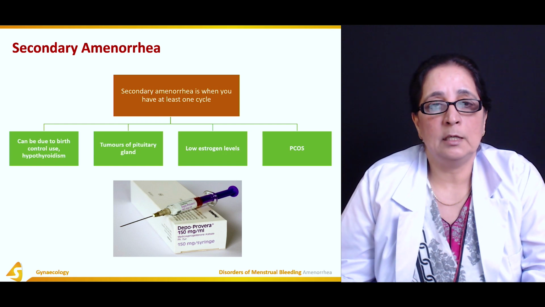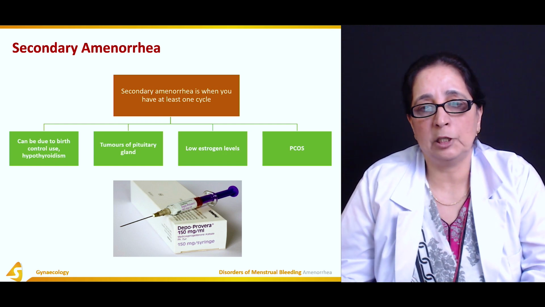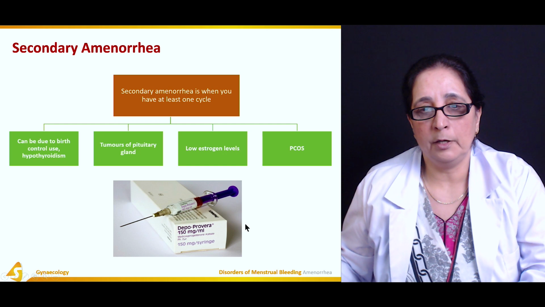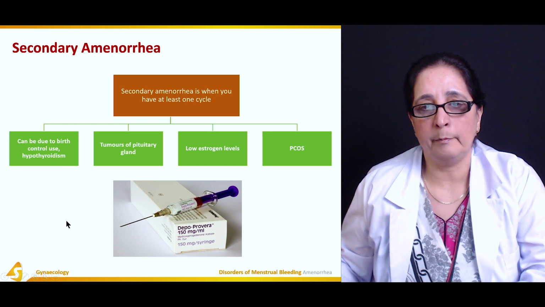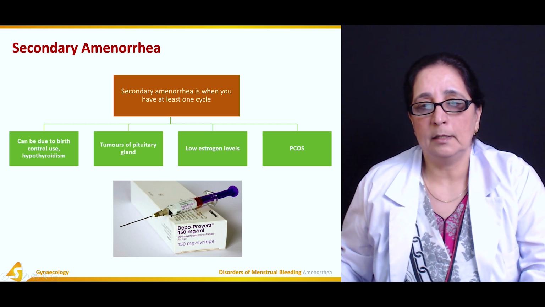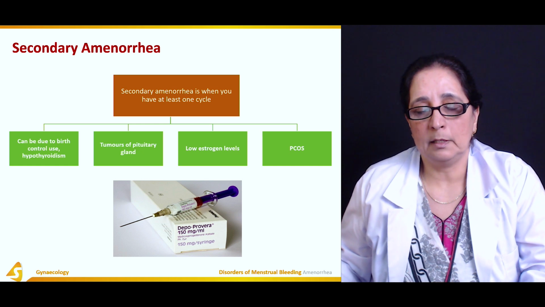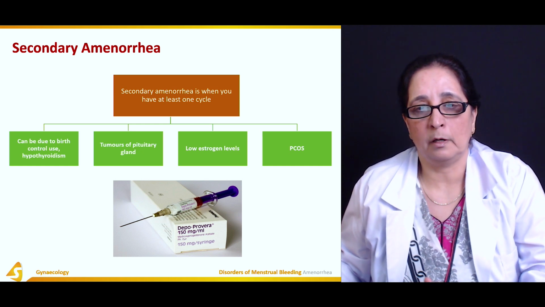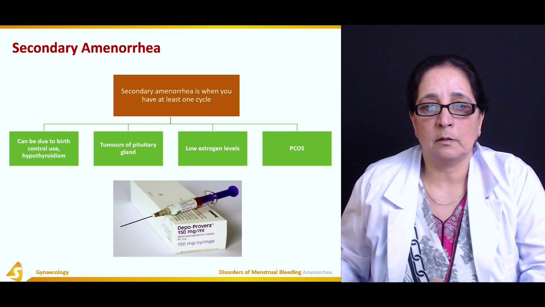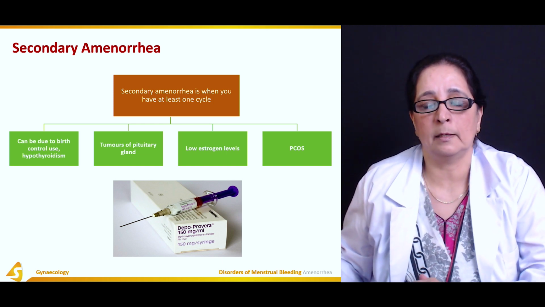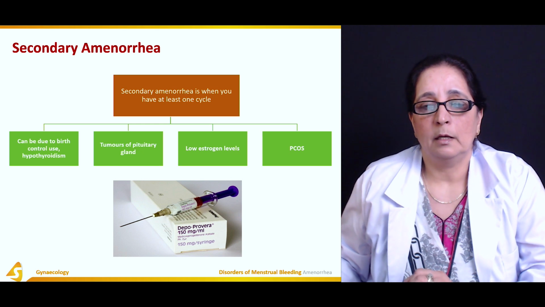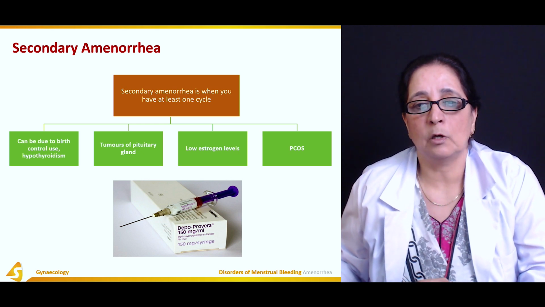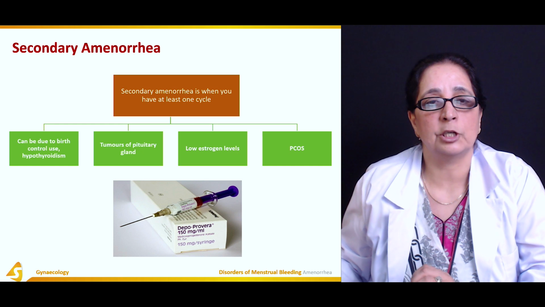If somebody is on contraception, especially Depo-Provera, here you can see Depo-Provera, medroxyprogesterone. This Depo gives contraception for 5 or 6 months in a row, but it usually causes amenorrhea, or the regular cycle stops after getting the Depo injection.